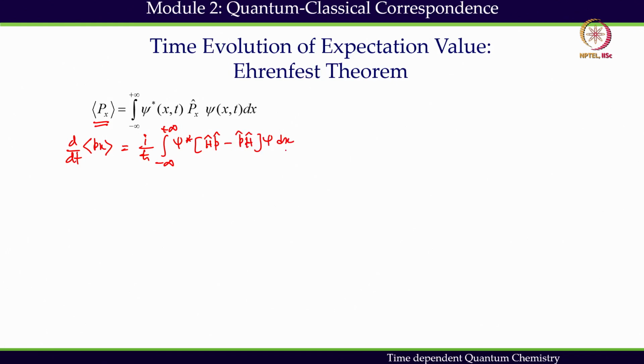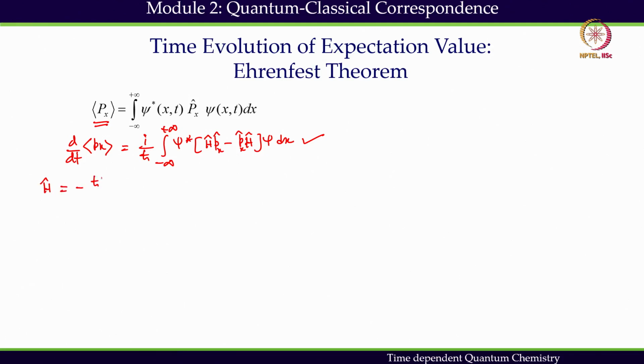Previously we had position space, this is x, because it is one dimensional we are working on. Previously we have seen a similar expression for x, and we have proved it, so we have directly written it. A little bit of derivation can be done.